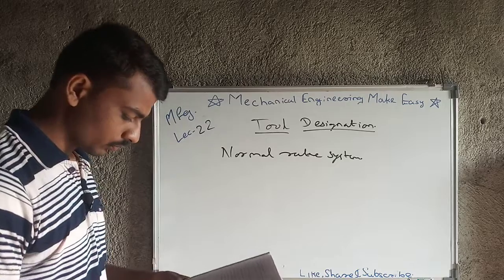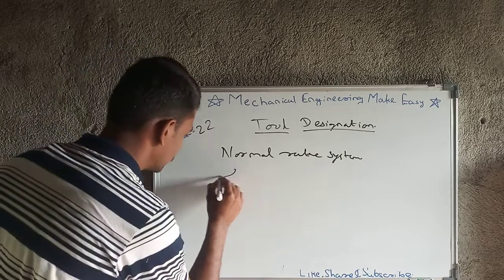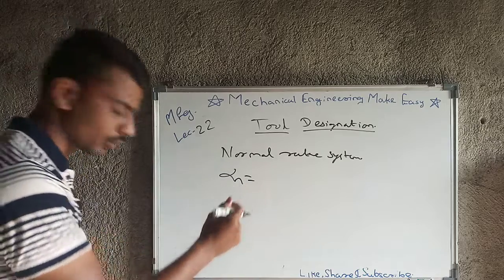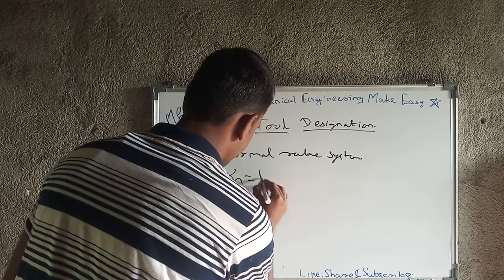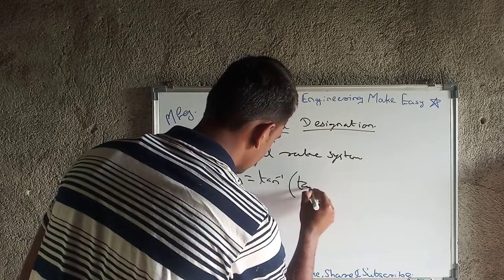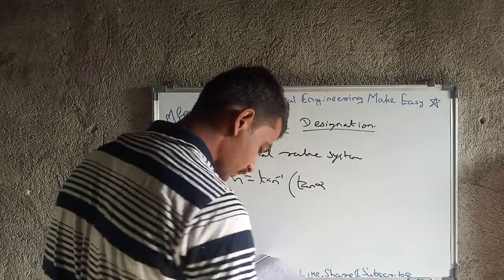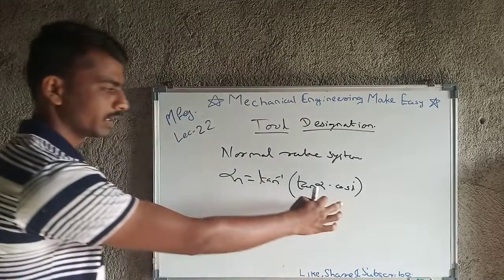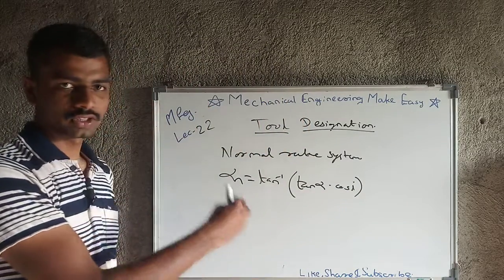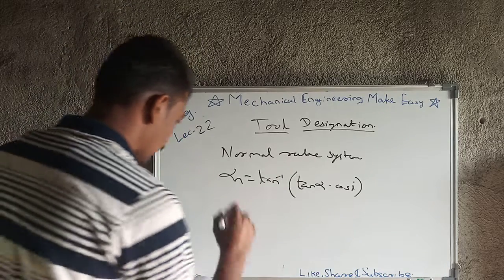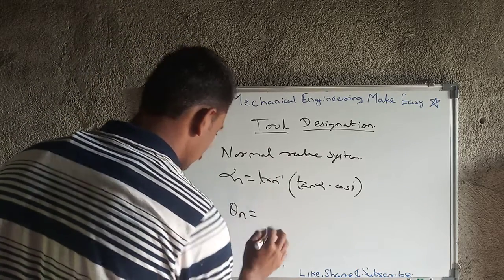And what exactly is that? In that system, the value of the normal rake angle alpha n is nothing but tan inverse of tan alpha into cos i. These formulas will give us the conversion of the ORS system into the normal rake system. Another is theta n.